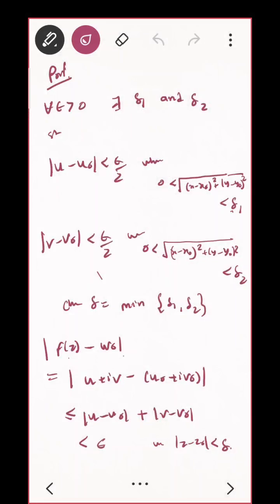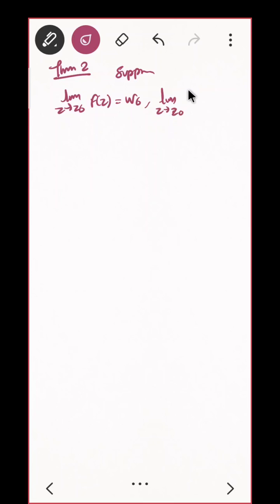Okay, so let us go ahead to the next part, that is algebra of limits. I'll write it as Theorem 2. Suppose you have limit z tending to z naught, f of z equal to say w naught, and any other function, limit z tending to z naught, capital F of z, equal to capital W naught.